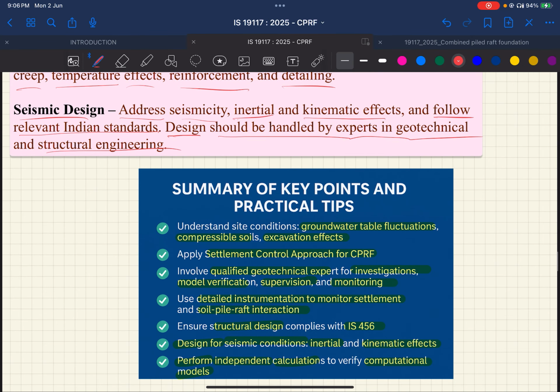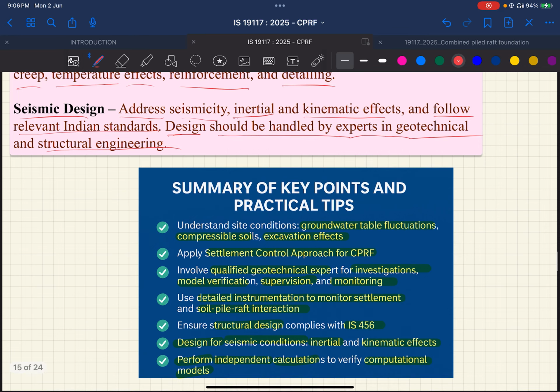At the end of the topic, this comprises all the design criteria of CPRF as mentioned in IS 1911 2025.